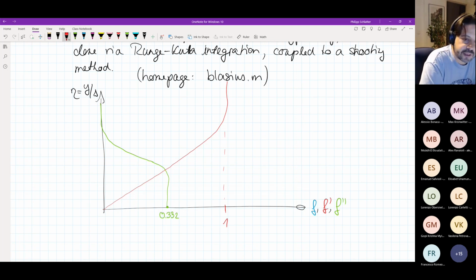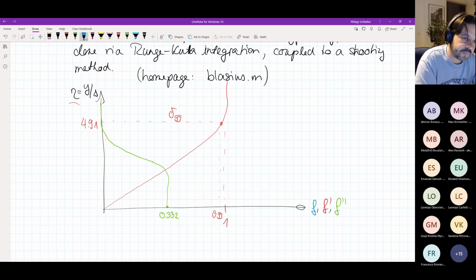This is reaching 1 for the free stream, and it reaches 0.99 at a height corresponding to delta 99. The question now is where this delta 99 is in terms of our variable eta. It turns out, and we will talk about that next time, that this is reached at a value of 4.91. Again, this is a numerical result.